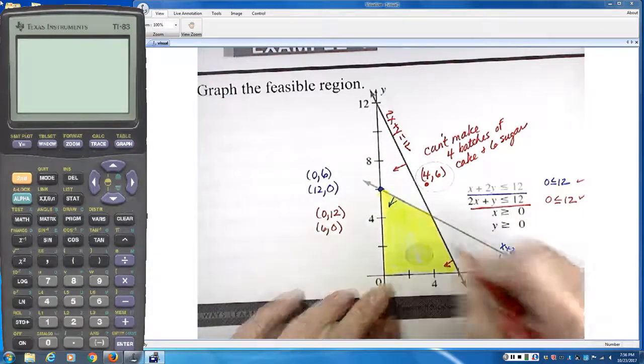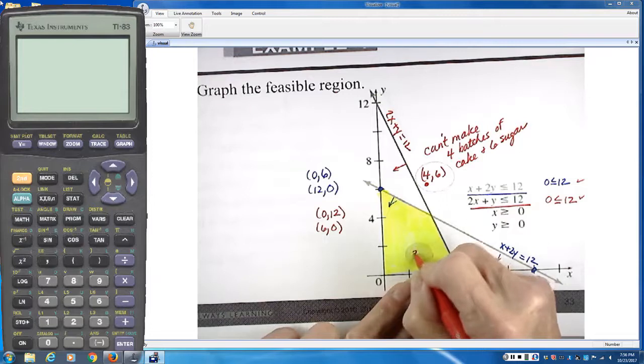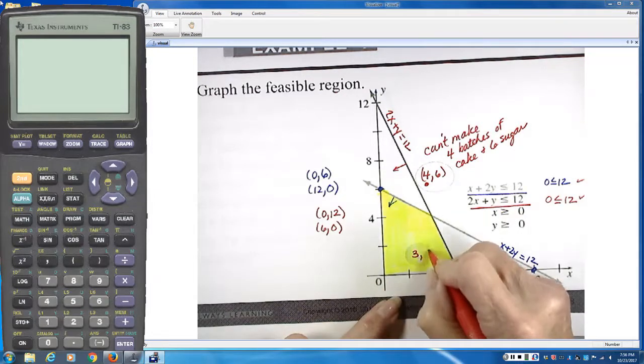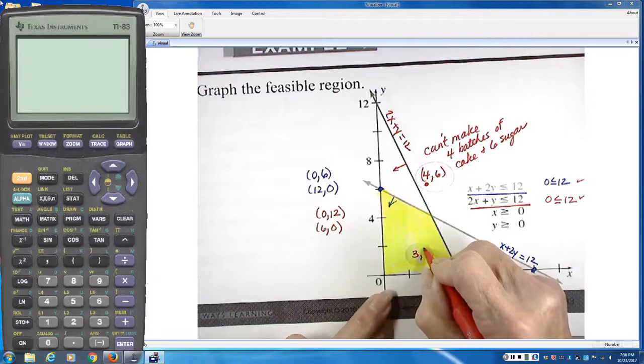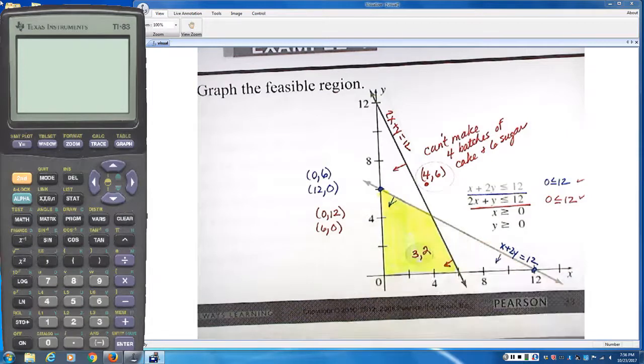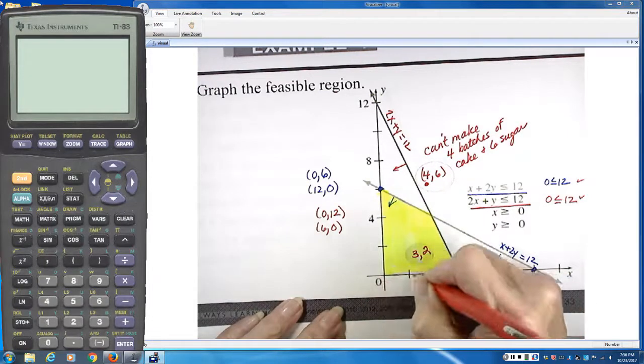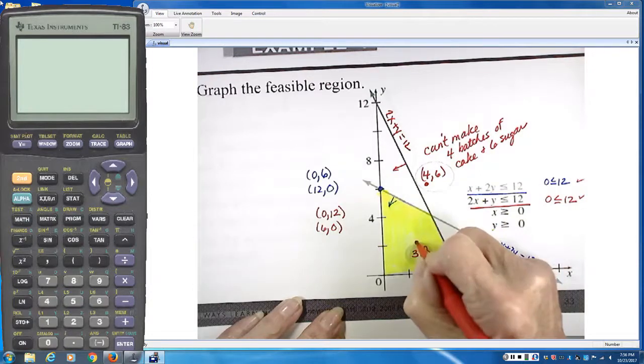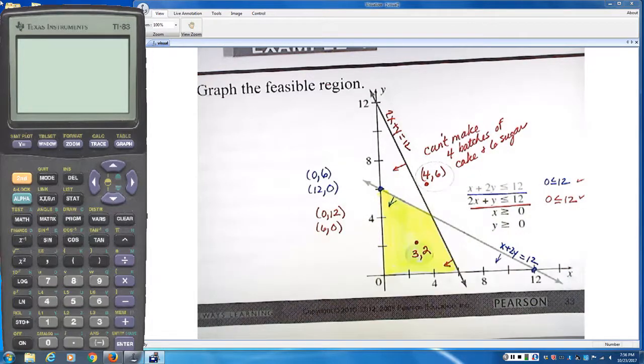However, you can make 3 batches of cake and 2 batches of sugar, I think it is. Because here, this is 2, 3, and up 2 would be right there. That does fall in the feasible region.